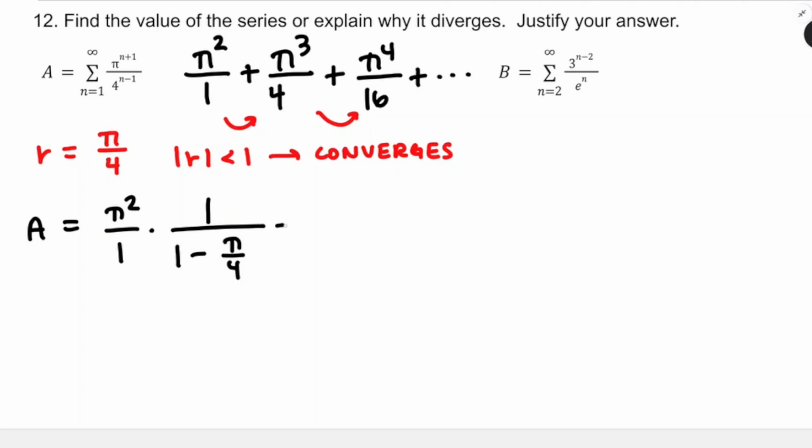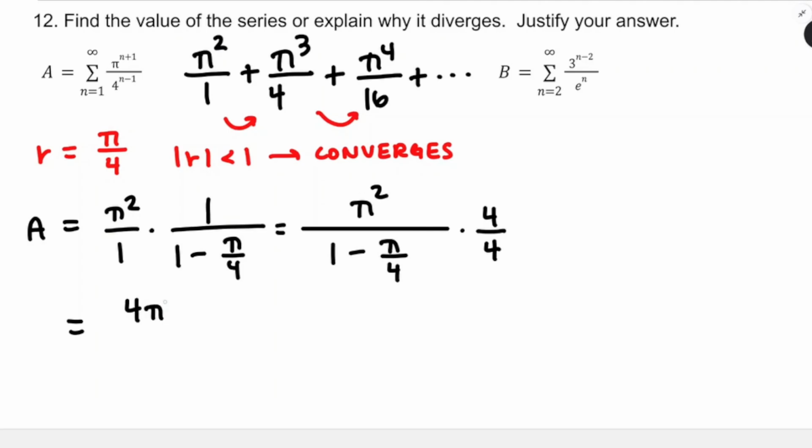And you could stop here on the quiz, but again, this is almost certainly going to be a multiple choice type question, so I would recommend being able to simplify this. So I'm going to have 4 pi squared in the numerator and 4 minus pi in the denominator.